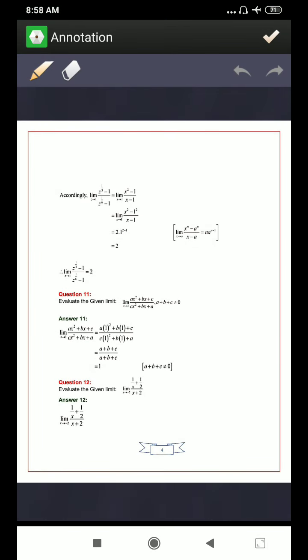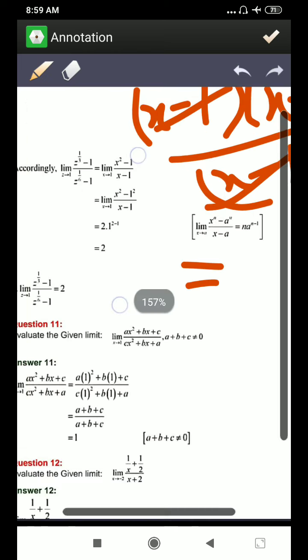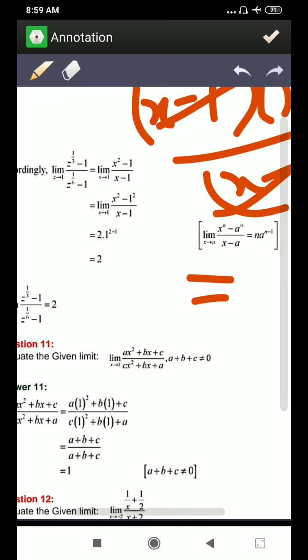On factorization, it will be (x minus 1) into (x plus 1). In the denominator also x minus 1 is there, so we can cancel it out. It is limit x tends to 1, x plus 1, so 2 would be the answer. In this you put x equal to 1. Or you can apply the theorem: (x raised to power n minus a raised to power n) divided by (x minus a).